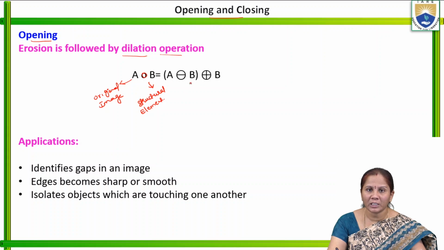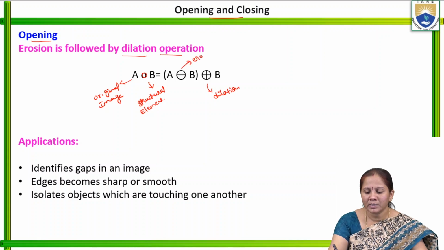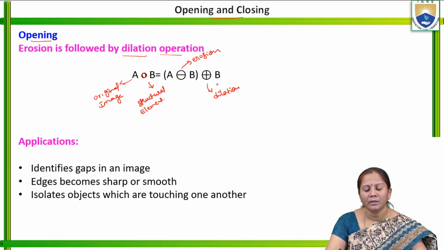In this expression we can see one symbol that indicates dilation, and another symbol that indicates erosion. So A opening B is equal to the erosion of A by B followed by the dilation operation.